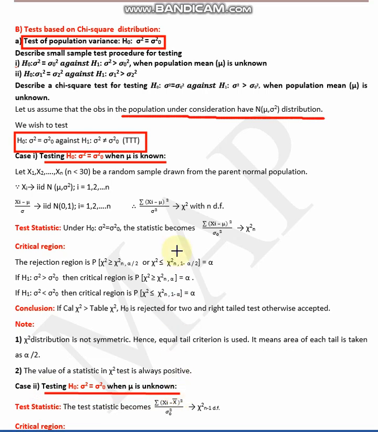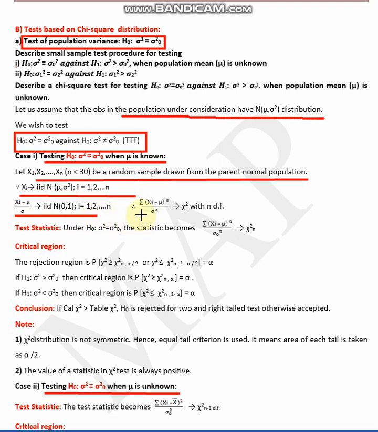Now we will start our discussion on testing H naught: sigma square equal to sigma naught square, when the population mean is known. So that means mu is known. Suppose the xi's are a random sample drawn from the parent population, so x follows normal with mean mu and variance sigma square. Therefore (xi minus mu) divided by sigma follows normal 0, 1.